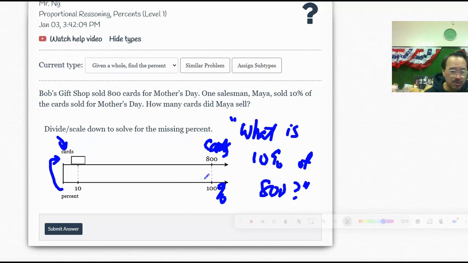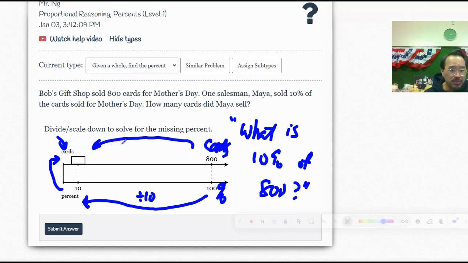Some of you have the answer in mind already, but let's do it methodically. How does 100 become 10? Yeah, divided by 10. If we do the same to the top, 800 divided by 10 is 80. So there's our answer. If 100% represents 800 cards, 10% represents 80 cards.